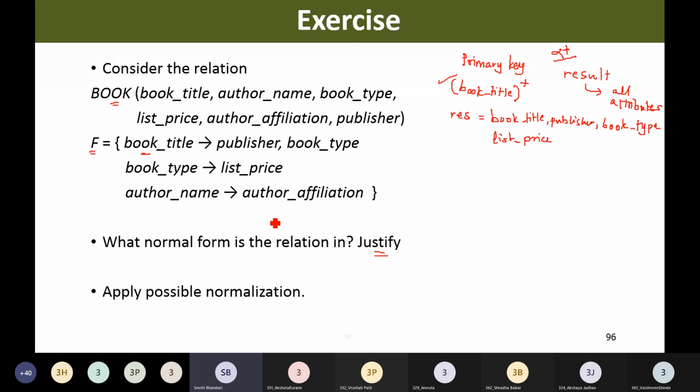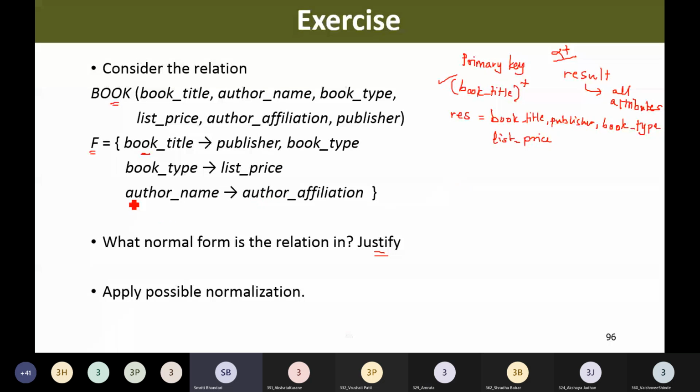So book title alone cannot be my primary key. Do you agree with me?